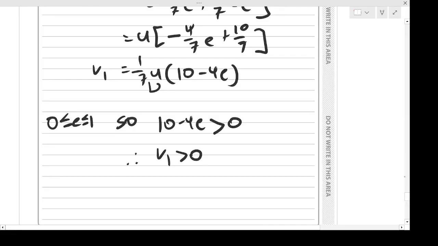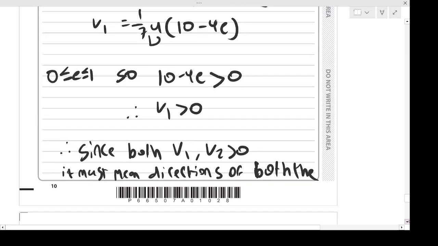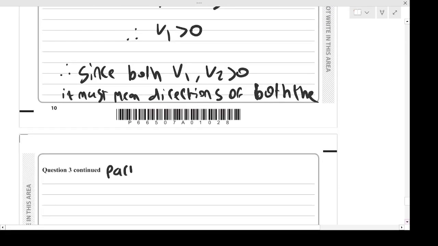Anyway, so therefore we can say that since both v1 and v2 are positive, it must mean that the directions of both the particles are unchanged. And there we are.